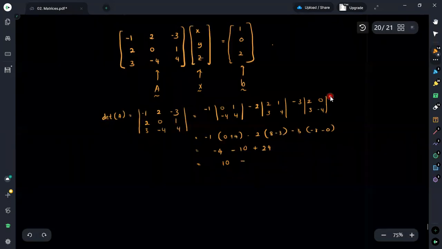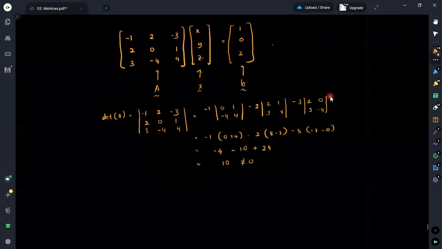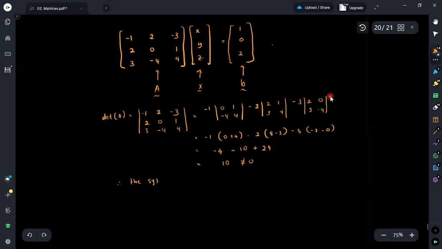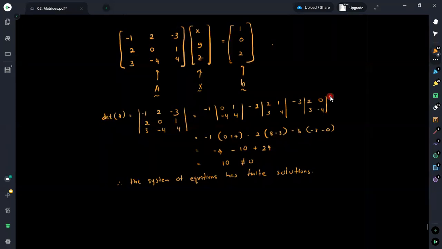We can say that this is not equal to 0. Therefore the system of equations has finite solutions. If you are getting 0 here, then we can say that there are no finite solutions or many solutions.